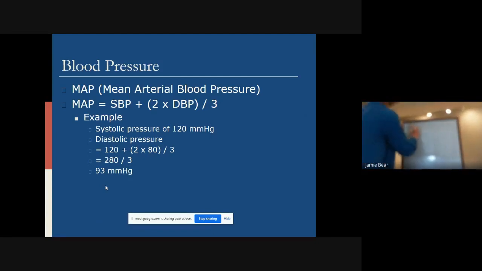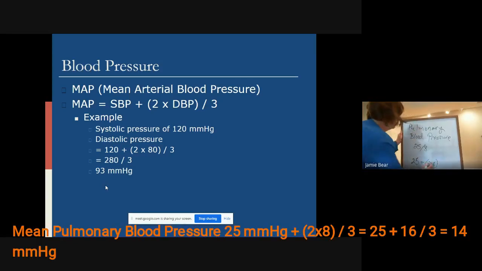So our average pulmonary blood pressure is 25/8. So if we use this same equation, systolic pressure, 25 plus 2 times our diastolic pressure, divided by 3.